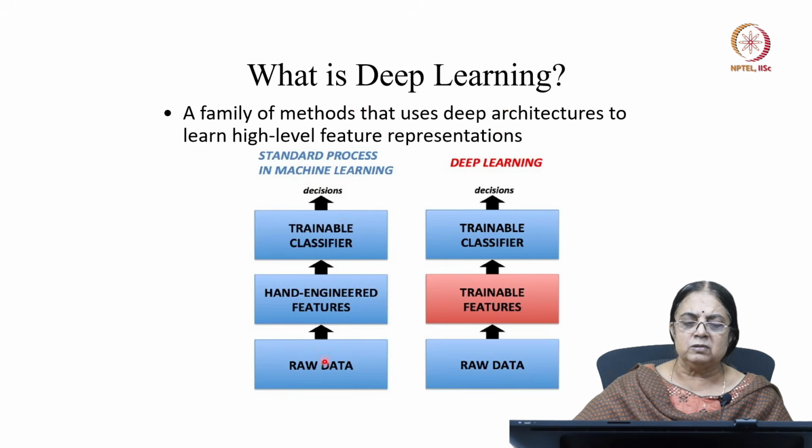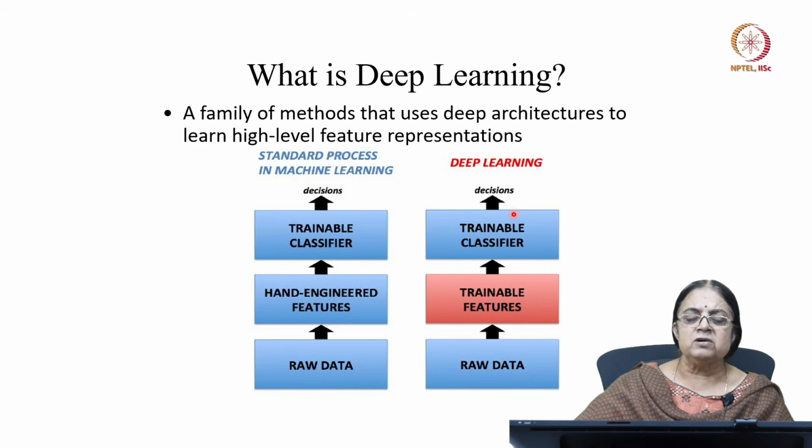This thing on the left side shows you your standard machine learning algorithm where you take the raw data and you've got to use hand engineered features, and after that you have to feed that into your trainable classifier to decide which class label, etc. But in deep learning, you're taking the raw data and you're going to feed the raw data into your deep learning algorithm, and the features are automatically extracted by your deep learning algorithm, and then that is fed into a classifier to get your decision.